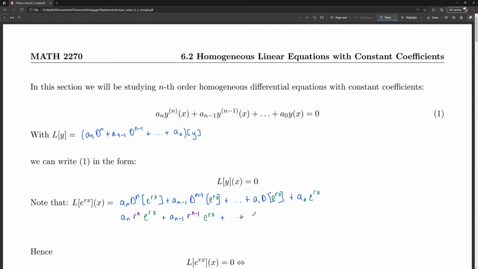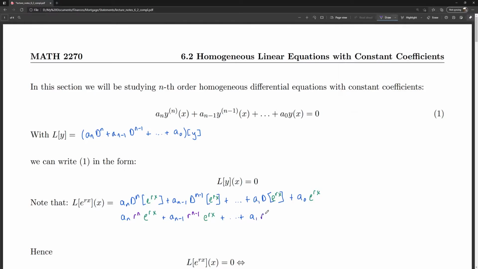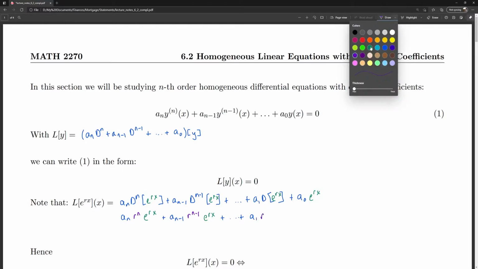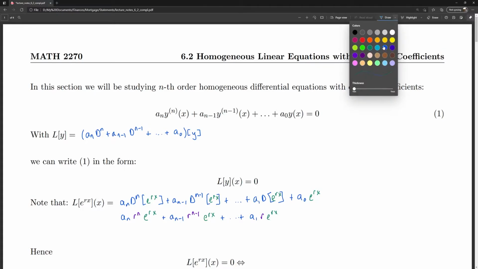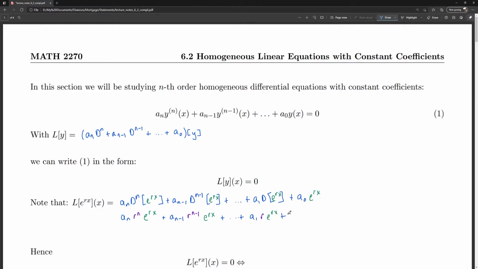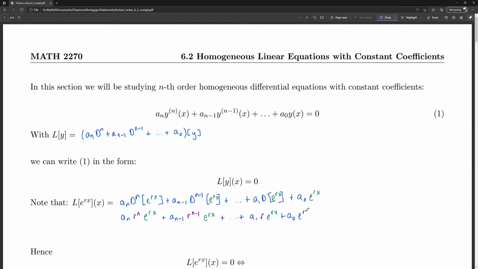And then we get a1 times r e to the power rx. And then finally, the last term is plus a naught, and then e to the power rx.